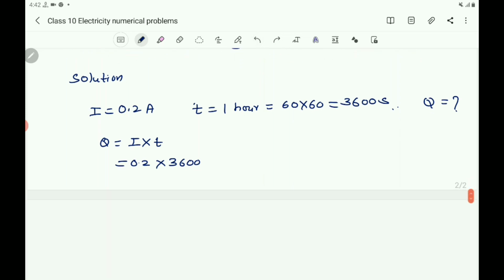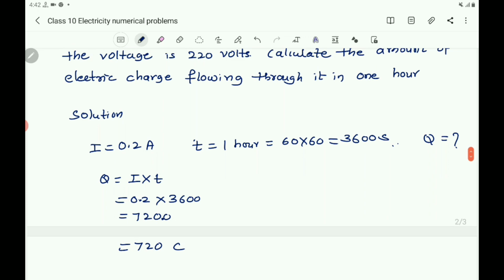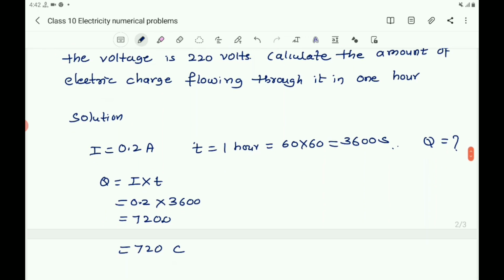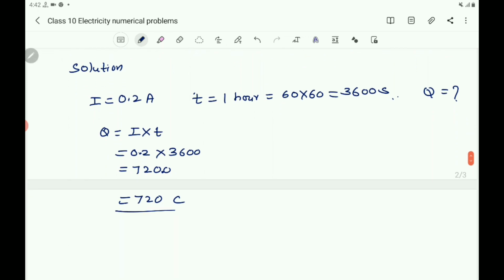It becomes 7200, and here the decimal point must be after one digit. You will get 720C. So the amount of electric charge flowing through it is 720 coulombs. And the answer here is 720 coulombs.